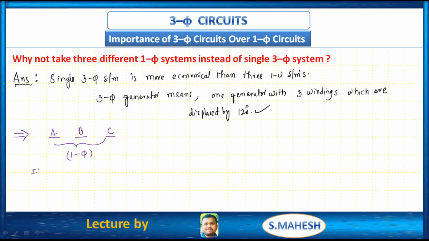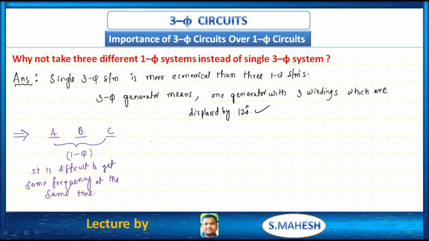It is difficult to get the same frequency at the same time. That is why we do not use 3 single phase systems. It is very difficult to get synchronism.